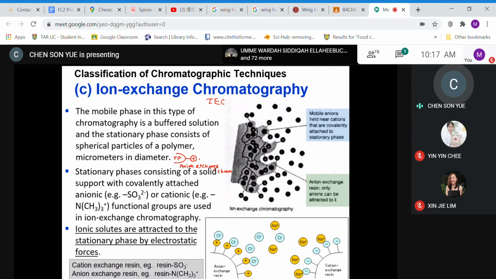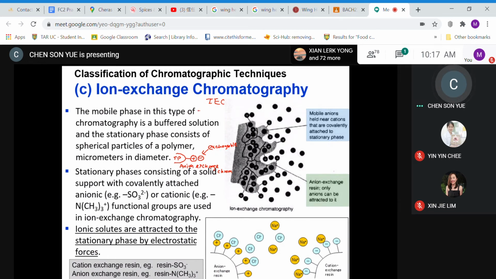And there's another charge which is temporary, interacting with the positive charge. This one is temporary, and this will be exchangeable. Since the exchangeable ion is a negative ion, that's why we call it anion exchange chromatography.